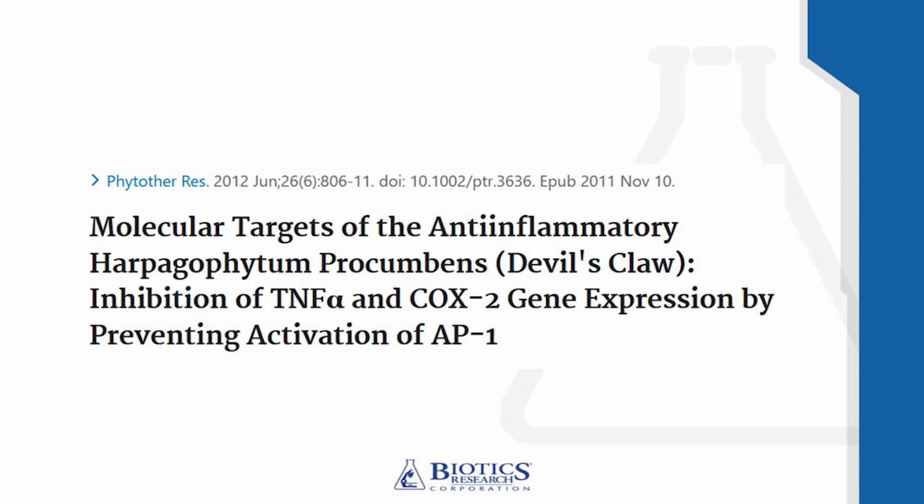Looking at some more mechanisms of action on this, 2 of the mechanisms of action that are often talked about seem to be, if you can address these 2 mechanisms, you probably got a winner as far as an anti-inflammatory. One is going to be TNF alpha, tumor necrosis factor alpha. If you can have some suppressive effect on that, that is very early in the inflammatory cascades.